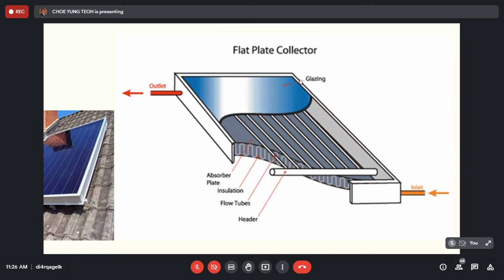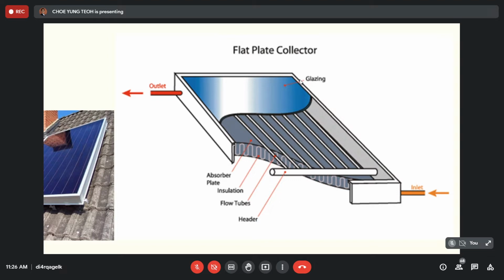So the material of the glazing is very important. You need a very high transparency glass, which allows most of the sunlight to pass through with minimum absorption and reflection. In that case, normally they will use low iron glass, and normally tempered low iron glass. Why tempered?